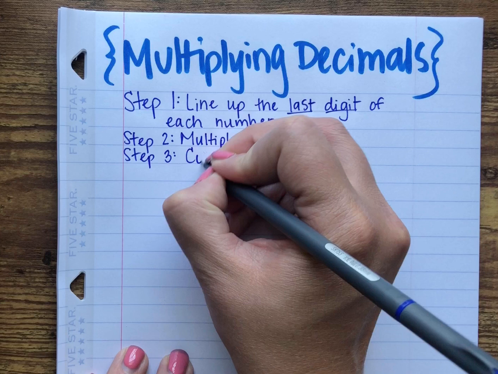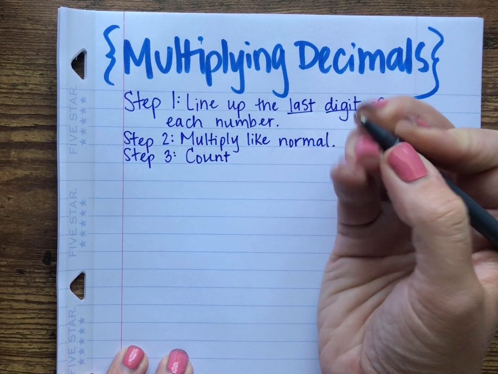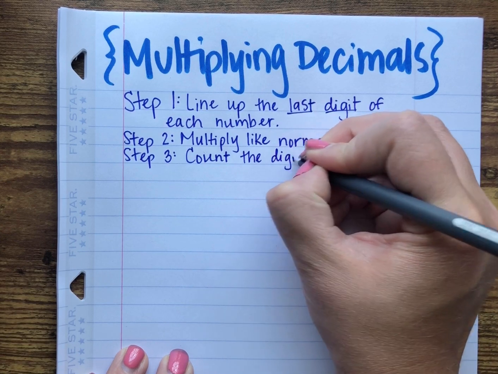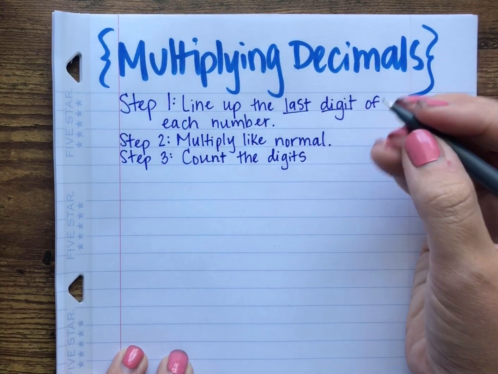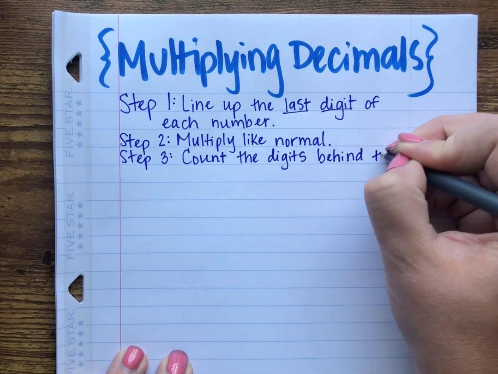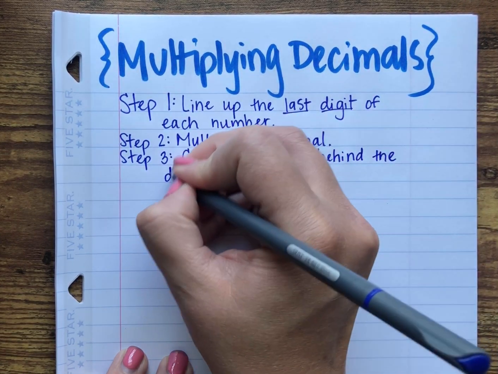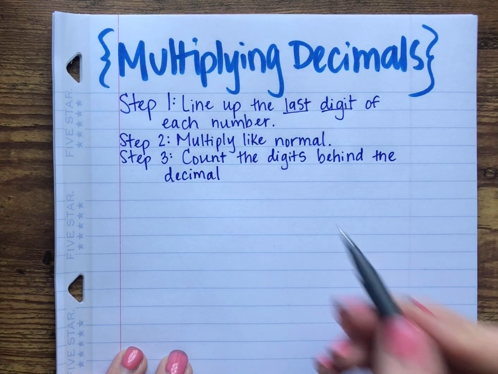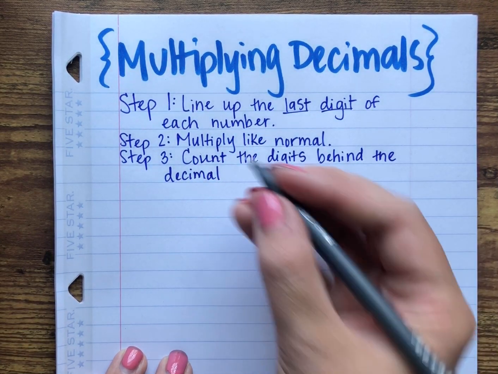So we're going to count the digits behind the decimal. So we're going to count up how many digits are behind the decimal in the problem.